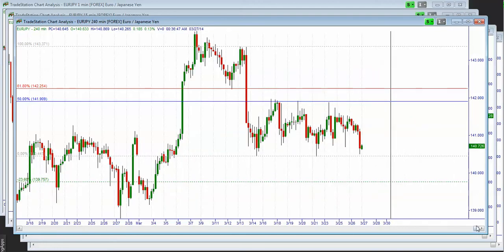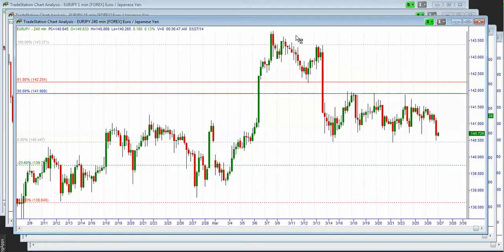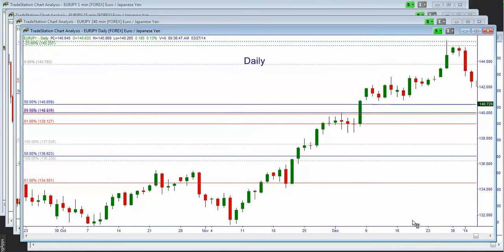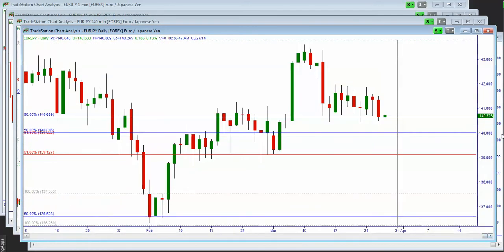So let's see if this market actually follows the euro, showing a potential weakness of the euro over the Japanese yen.